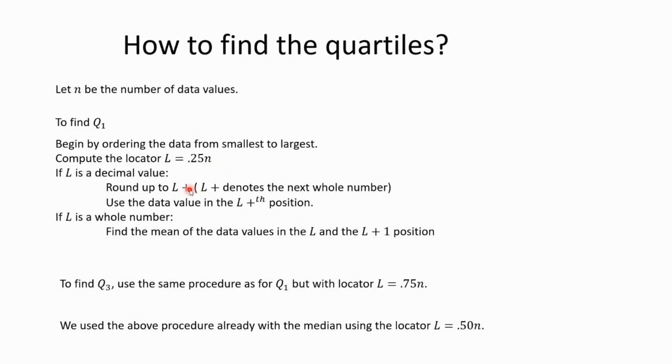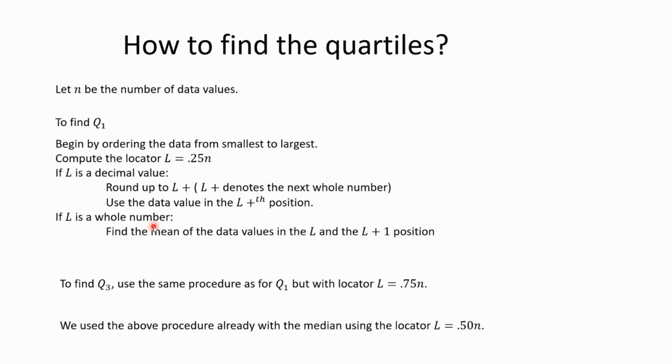Then, just like with the median, the data value in that position will be our Q1, our first quartile. Again, after you round up, like 5.1 to 6, the data value in the 6th position is Q1.